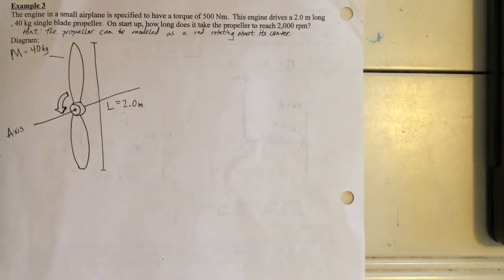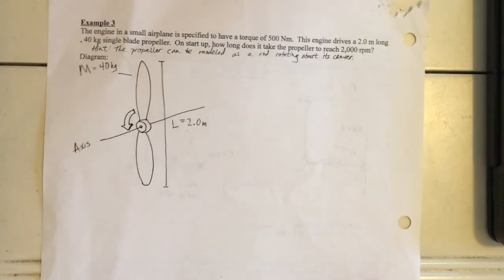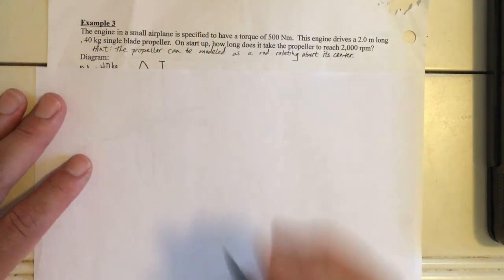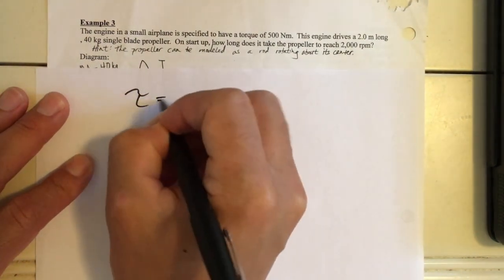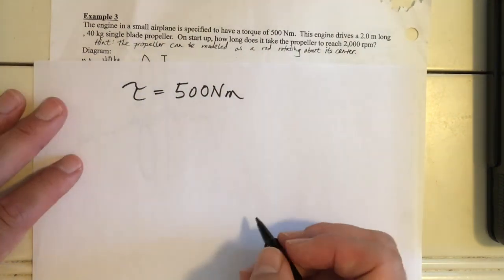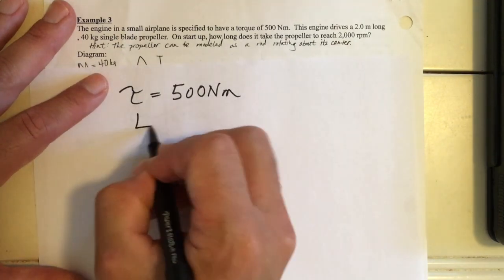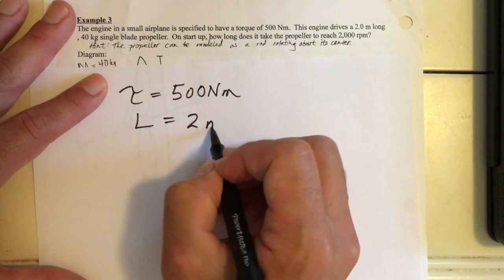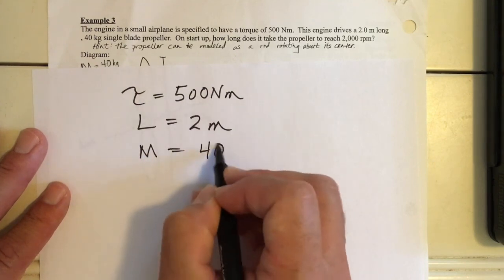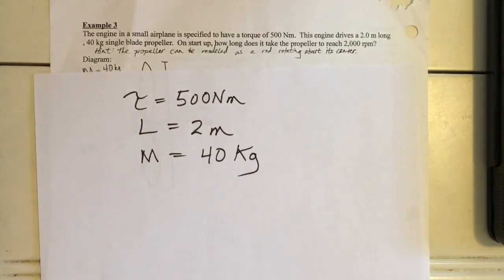Example 3, what we have here is an engine in a small plane is specified to have a torque of 500 Newton meters. So I'm going to go ahead and write that down. The engine drives a 2 meter long, so we know L is equal to 2 meters, 40 kilogram, M is equal to 40 kilograms, single blade propeller.